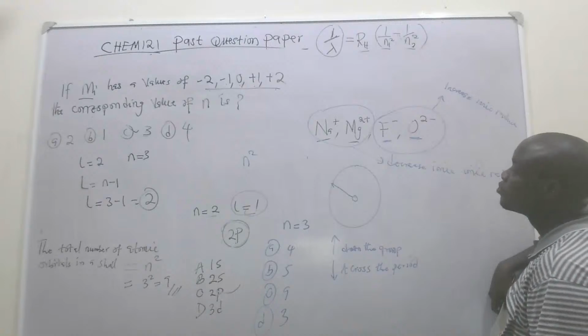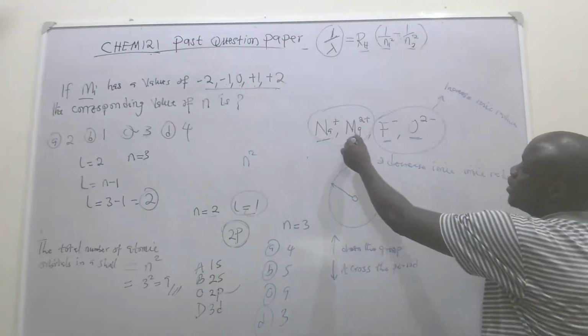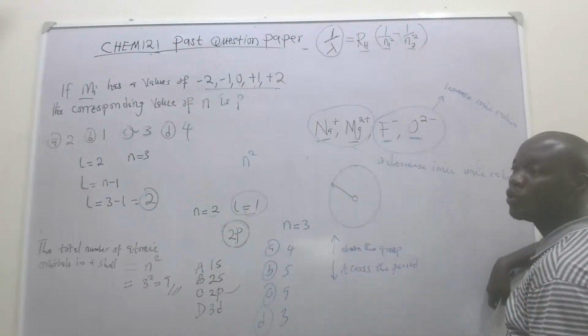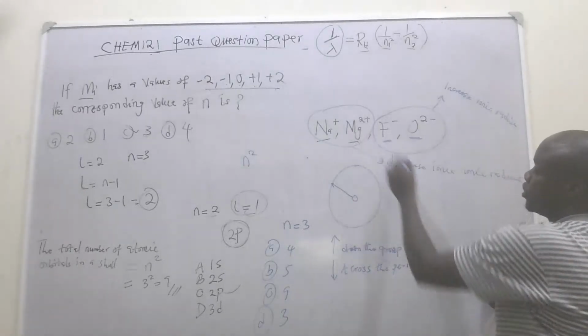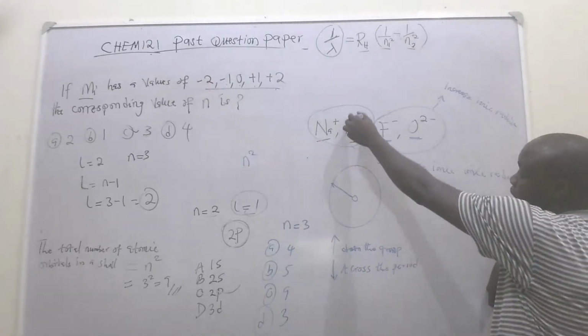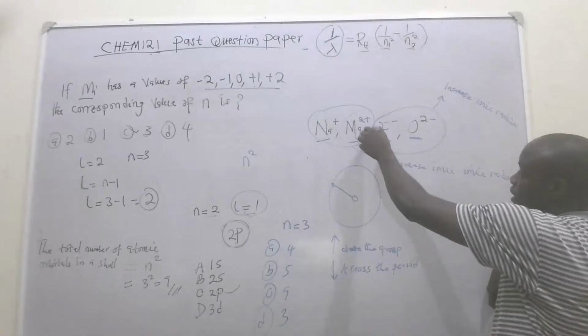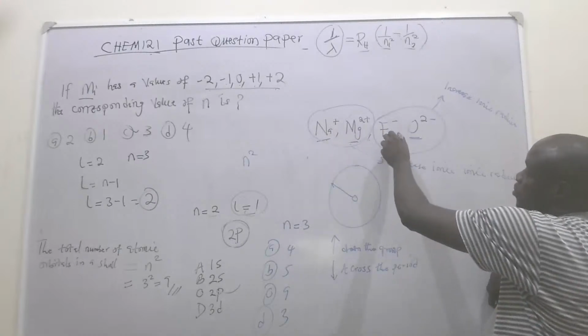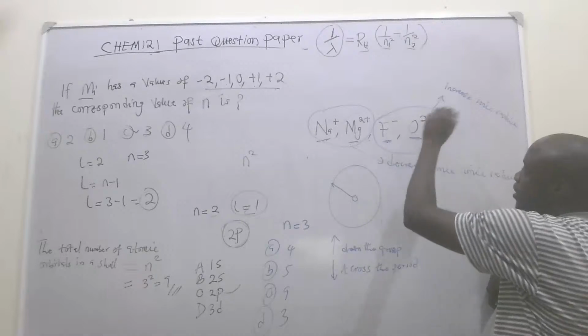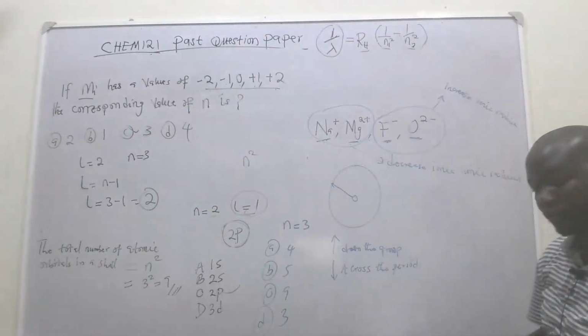And then between sodium and magnesium, which one loses more electrons? Magnesium. Therefore, the ionic radius of magnesium is lower than the ionic radius of sodium, and the ionic radius of sodium is lower than the ionic radius of fluorine, and that of fluorine is lower than oxygen.